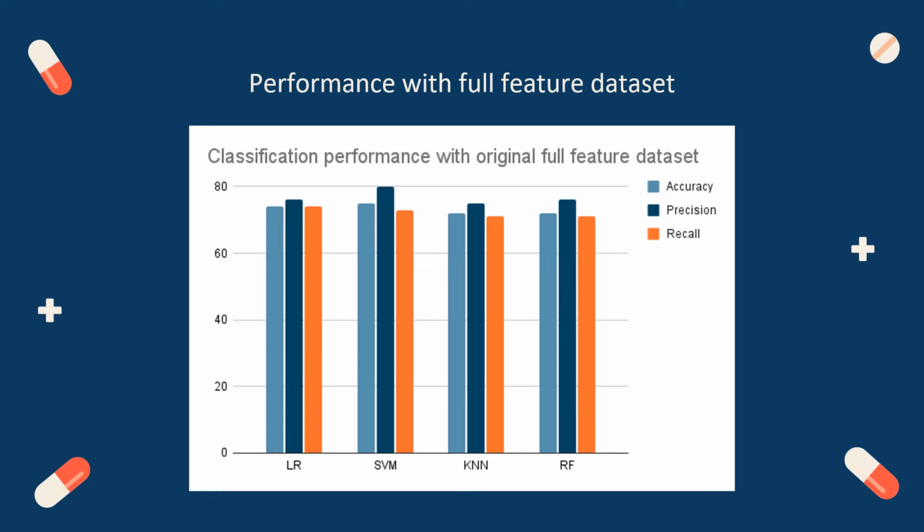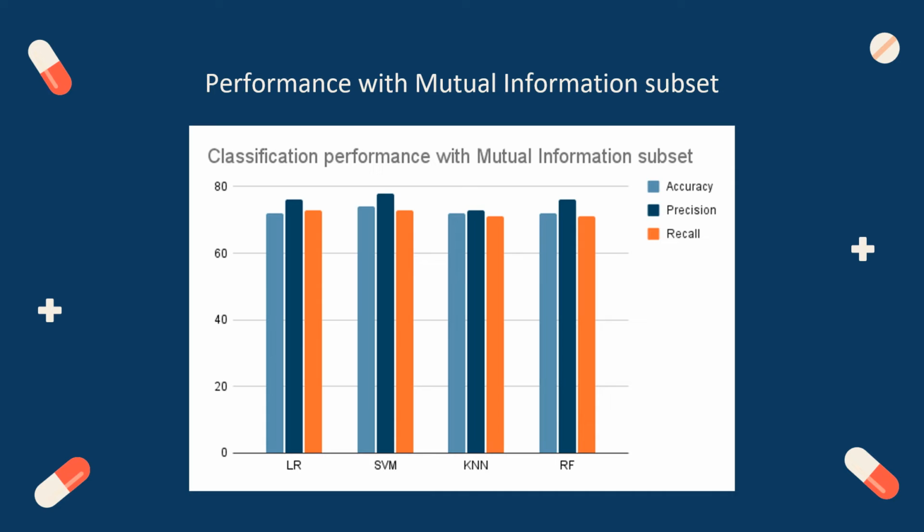The outcomes of applying feature selection and extraction to our diabetes dataset were highly dependent on the classification technique used to build the model. We will discuss the results in a later slide, but for now, we can see that the SVM outperforms the classifiers in terms of accuracy when using the original full feature dataset. Moving on to the results using the mutual information subset, we can still see that the differences in the results are marginal.